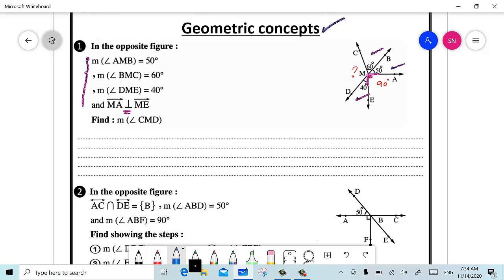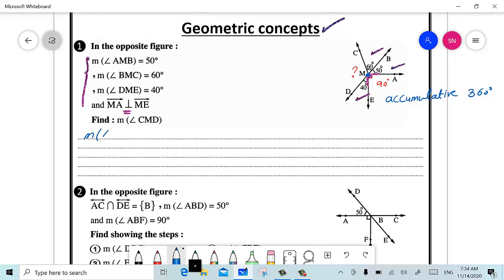By looking carefully on the figure, you will find that this angle is accumulative with all the other angles around one point, which is point M. And we know that accumulative angles sum up to give me 360 degrees. So, if I have all the four angles and only the fifth angle is missing, is it easy to find the angle he's looking for? Yes.